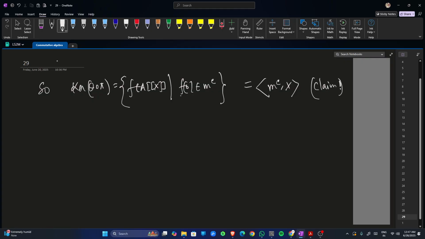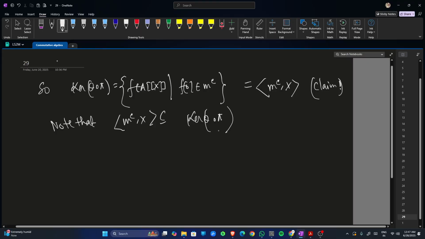Okay, so x is in here, fine. Take any element from m contraction, this is also here. Note that m contraction comma x is in the kernel of theta compose pi, and the reverse inclusion is obvious.